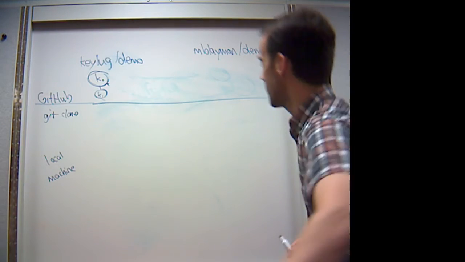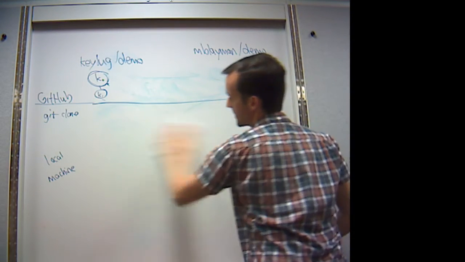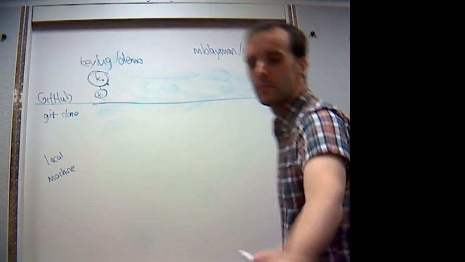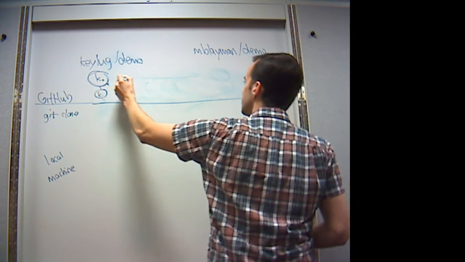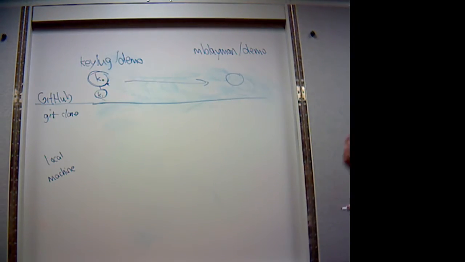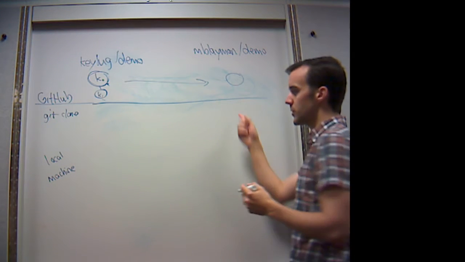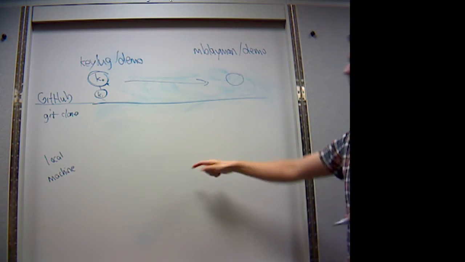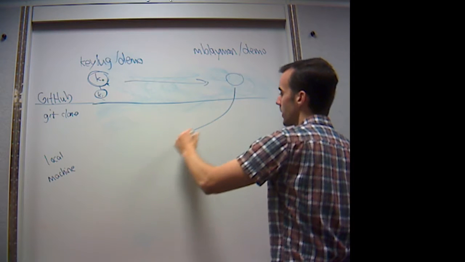So the first thing that you do is the same. You fork the repository. This time though, when you do your clone locally, you're really bringing down this one.